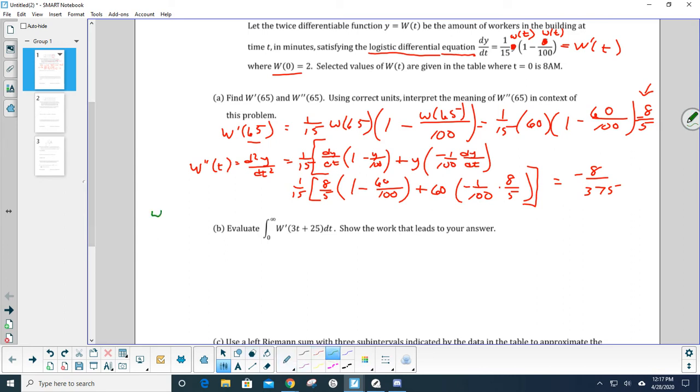I'm going to say w, the second derivative at 65 means the rate of the amount of workers. And you can say is changing at a rate of, and leave it negative if you want to. Or you can say is decreasing at a rate of.